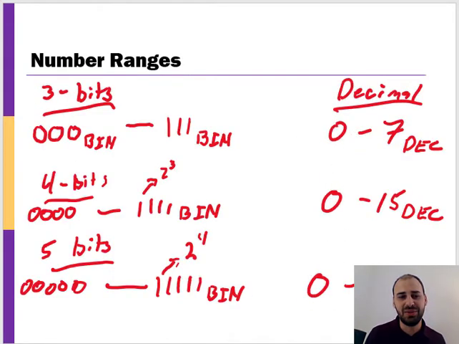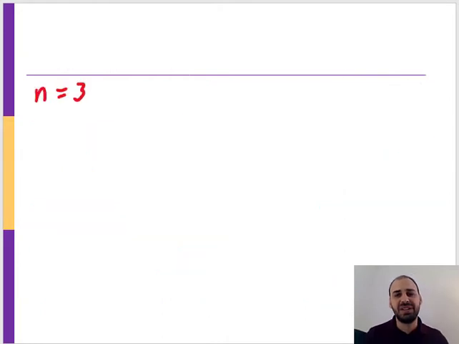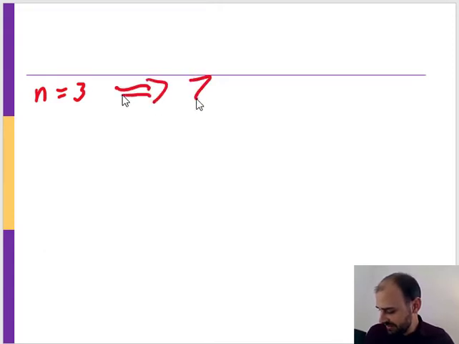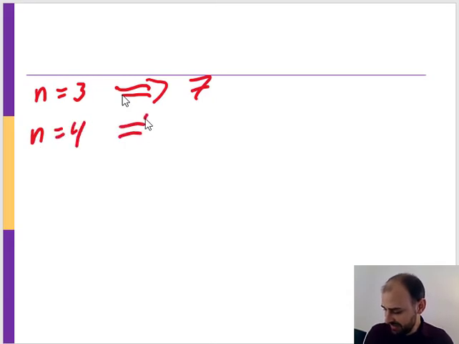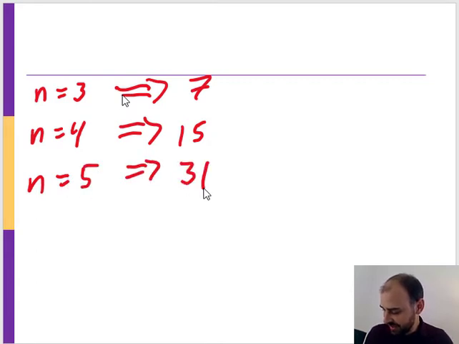So let's think of the largest number we could represent. With 3 bits, we were able to represent 7. With 4 bits, we were able to represent 15. With 5 bits, we were able to represent 31.